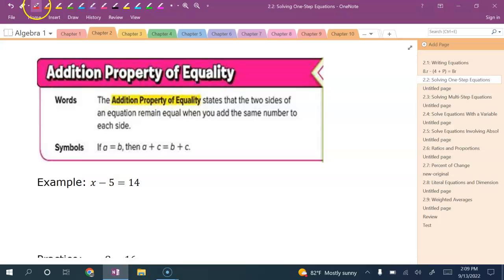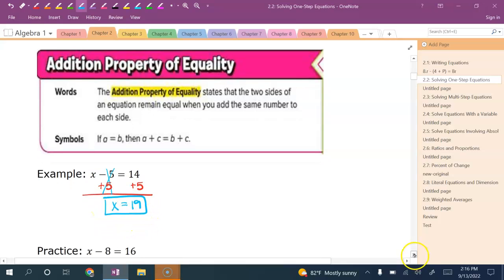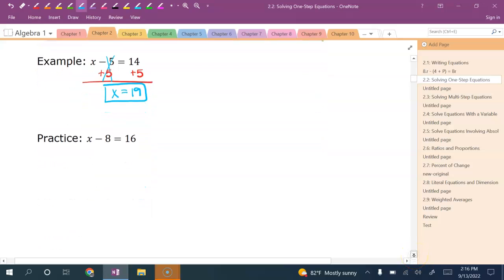In order to solve for x, I'm going to add 5 to both sides. And 14 plus 5 is going to be 19. So we're going to have x equals 19. Go ahead and give this practice problem a try.